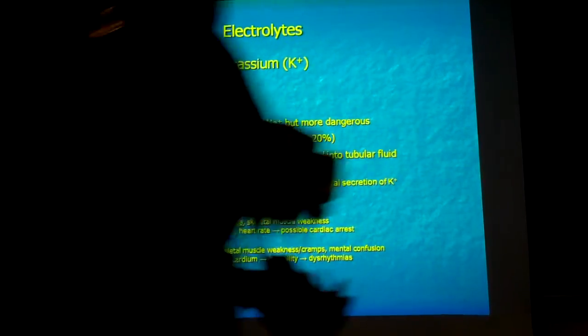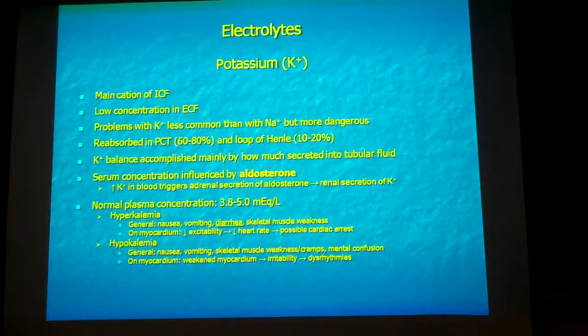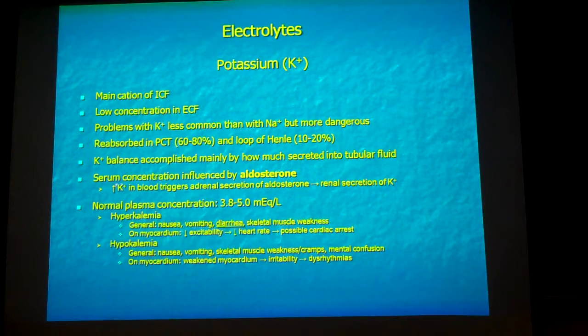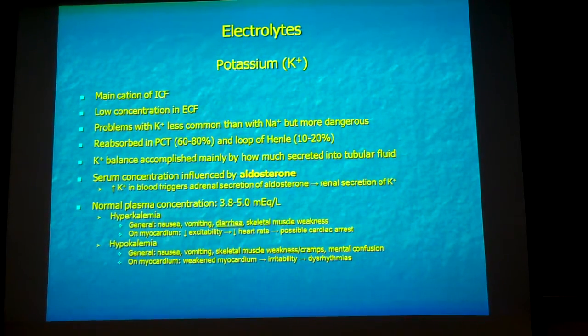All right? As we reabsorb sodium, we tend to exchange potassium for it. So as we take sodium in, we usually are secreting potassium to keep the electrolyte balance in the body. The main hormone that's involved with this is aldosterone.